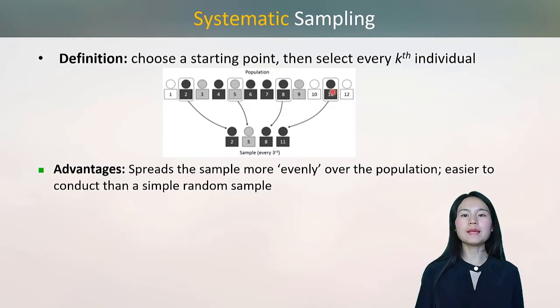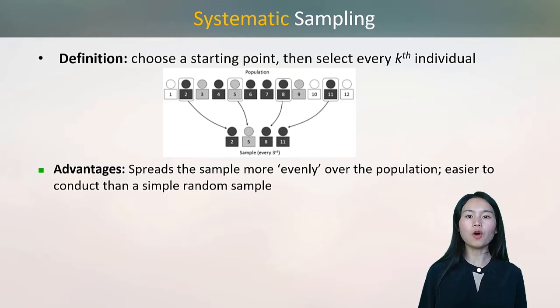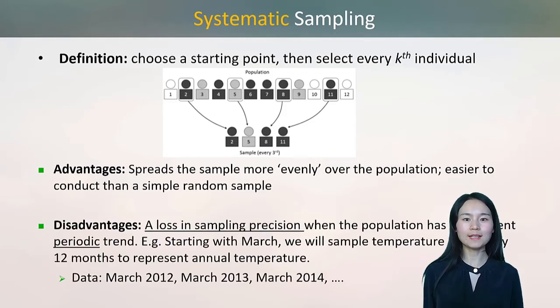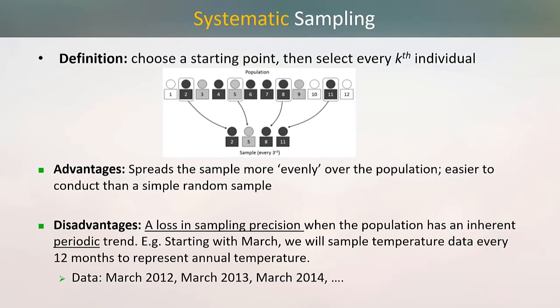Compared to simple random sampling, systematic sampling spreads the sample more evenly over the population. However, the disadvantage is that if a population has an inherent periodic trend, we lose sampling precision. A silly example is to sample temperature data every 12 months to represent temperature.